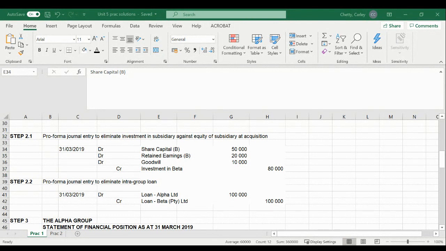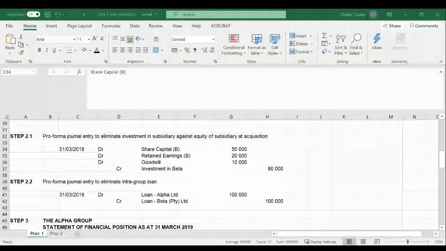In its separate financial statements, Alpha will show this loan and Beta will show this loan, and that is correct. But when we prepare the consolidated financial statements, we cannot have a loan owing from Beta to Alpha because we are looking at it from one perspective, almost as if it's one company.